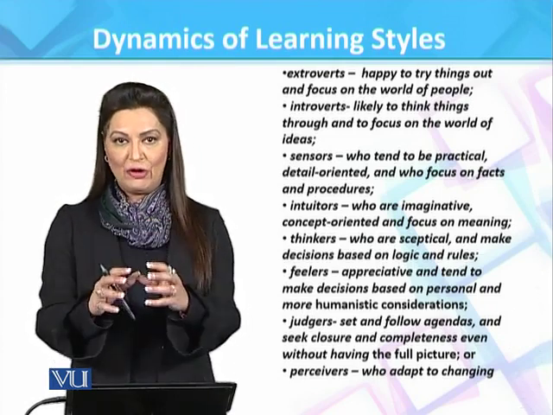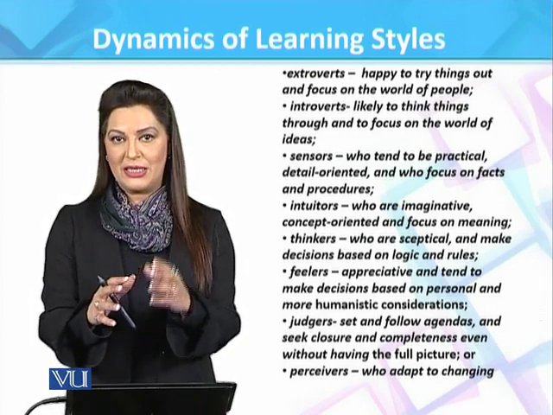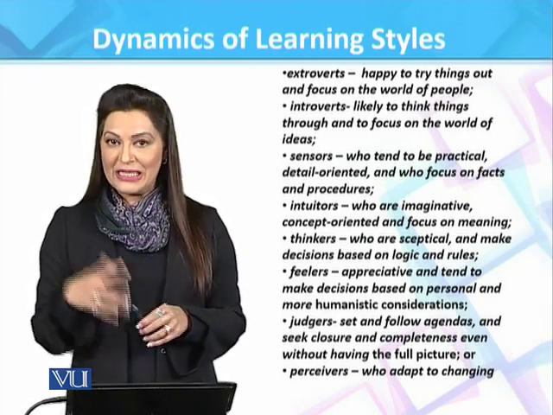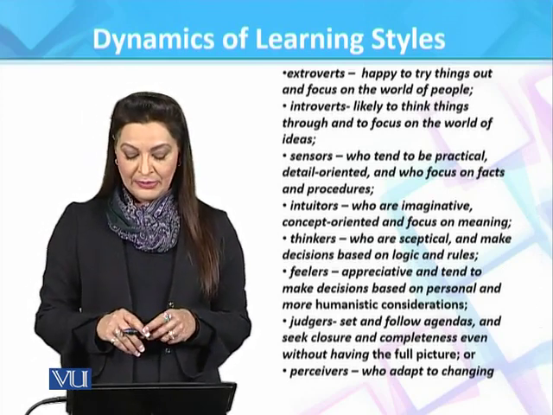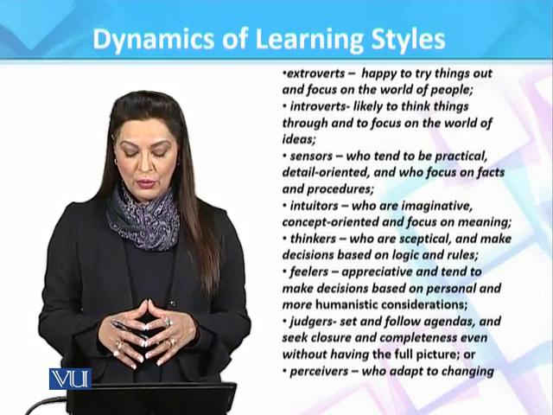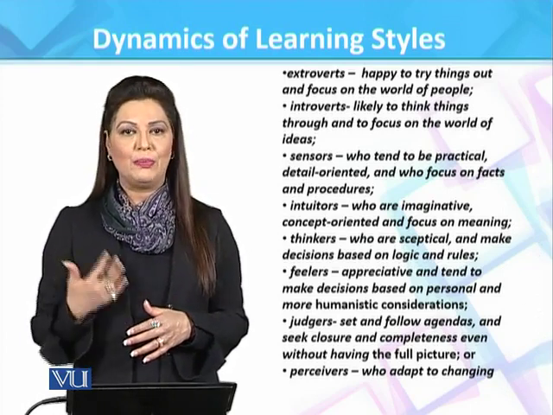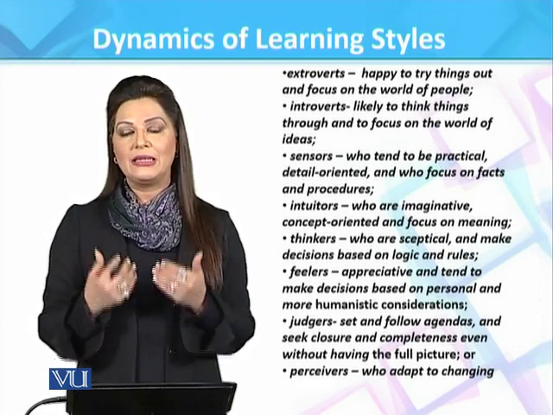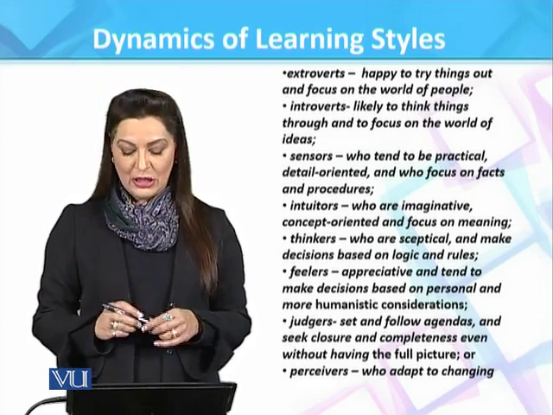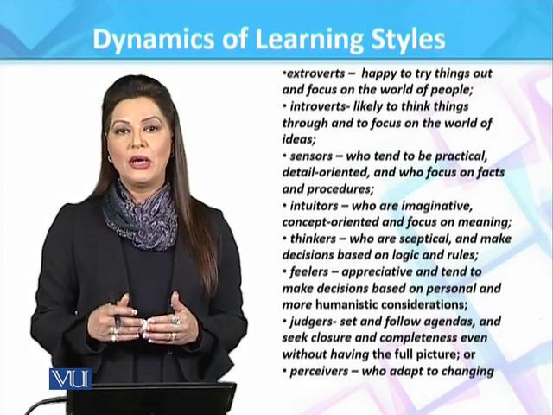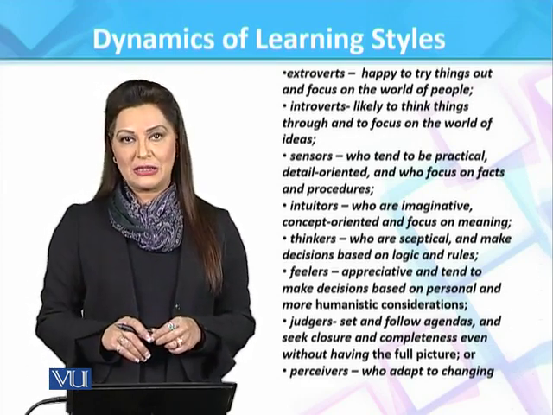So they follow clear-cut defined agendas. There has to be a start, a middle and completeness of any task. And then you have perceivers who adapt to change, who ponder, who perceive, and they adapt to changes. Now we are going to have the description of all these types along with their strengths.